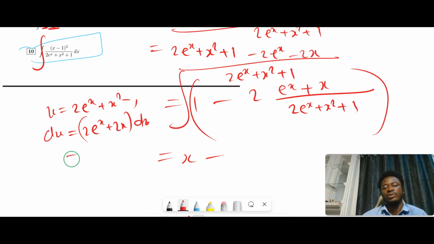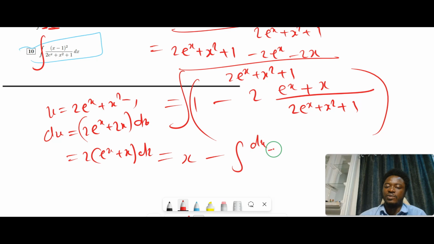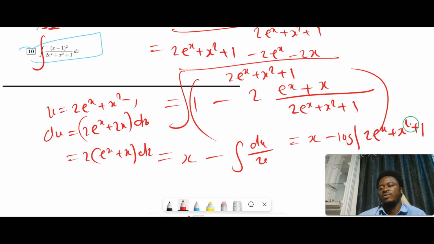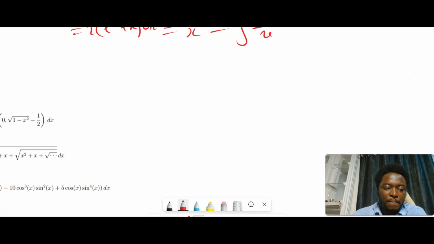So that would be 2 times e to the x plus x dx. So this will be the integral of du over u. So that would be x minus the log of 2e to the x plus x squared plus 1. We don't even need the absolute value because everything here is always positive. So that is that. So we're done with number 10.